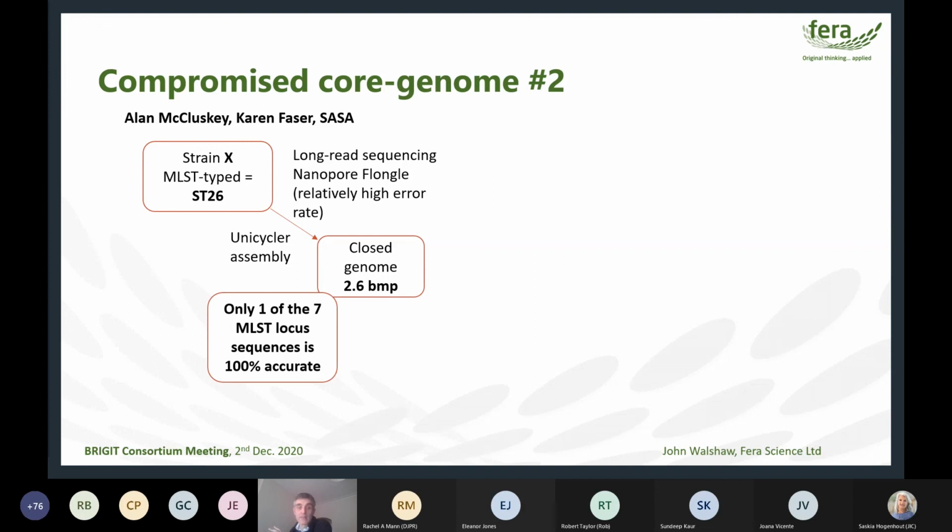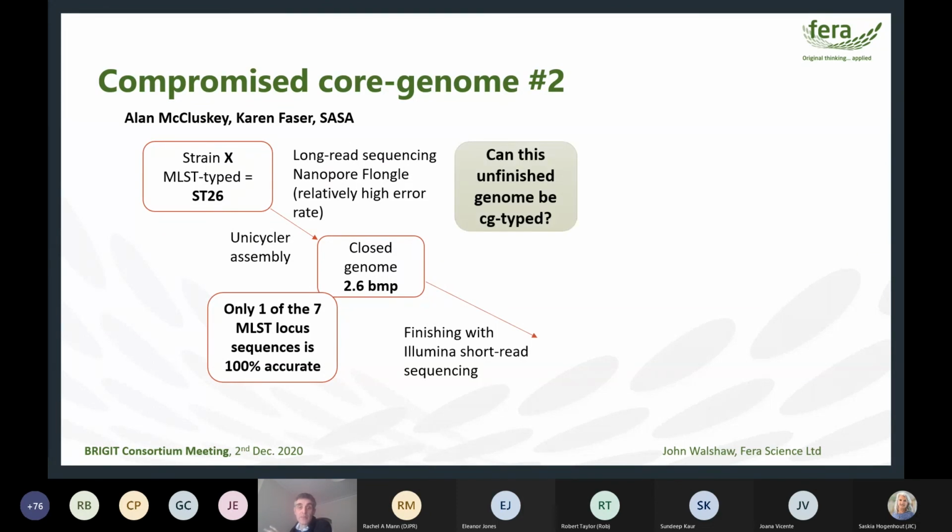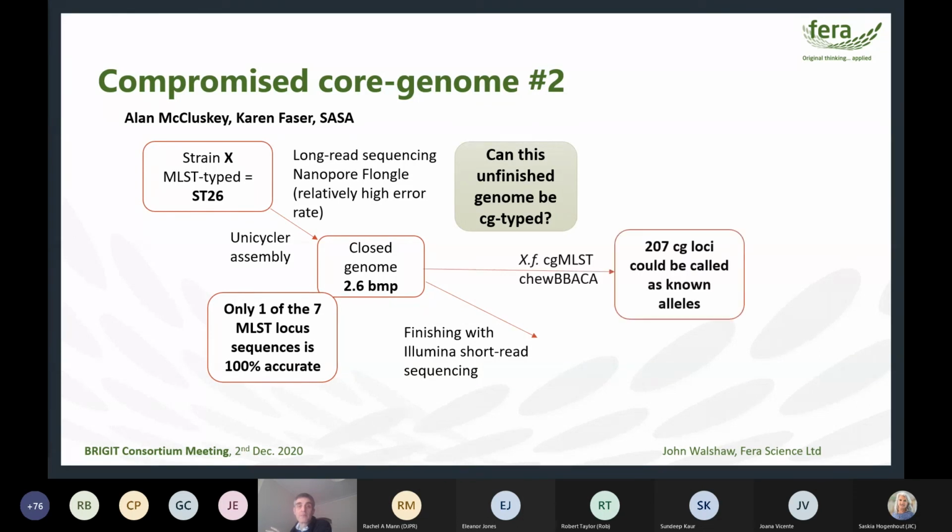It's got quite a lot of errors in. About 1 in 7 of the genome looks like it doesn't have errors, and he's going to finish that with Illumina sequencing. But we just thought this would be a nice test to see if this somewhat messy genome could be typed.